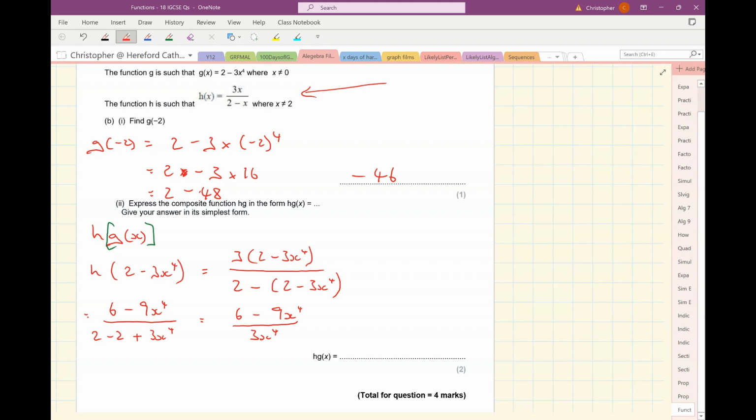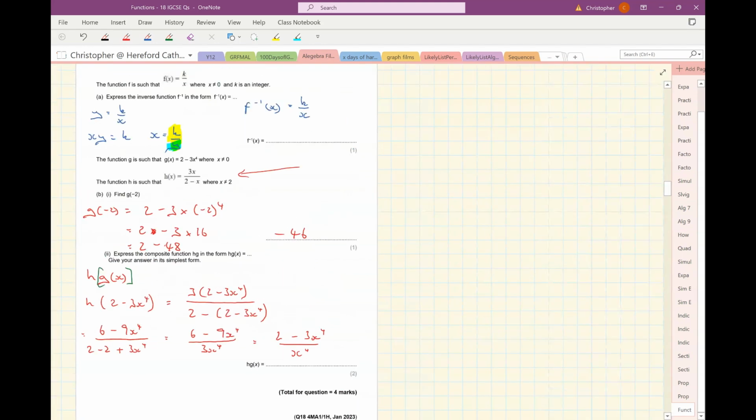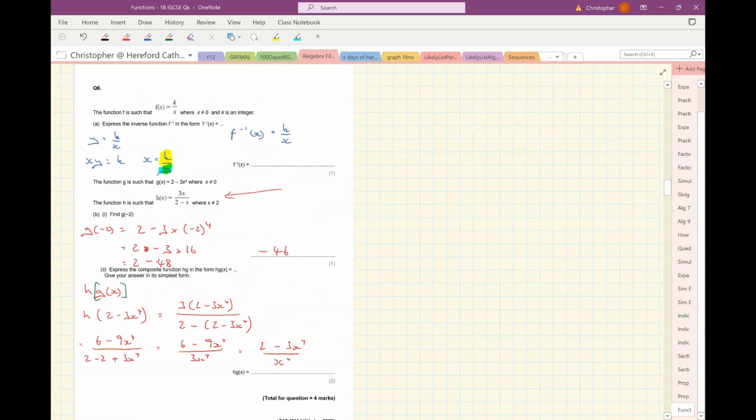Be careful, but yes you can. You can divide 3 into the top and 3 into the bottom. Gives you 2 minus 3x to the power 4 over x to the power of 4. And that is hg of x in its simplest form. And that is the end of question 6.